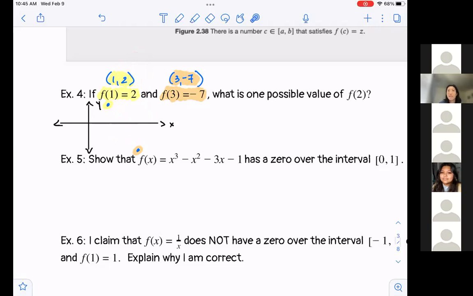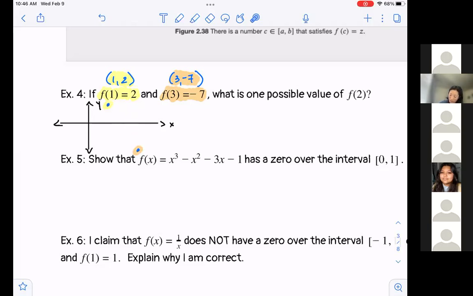But all of those choices had one very specific thing happen, okay? Every single one that I drew, I had to cross the x-axis, right? If I did a straight line, cross the x-axis. If I did a curve, cross the x-axis.